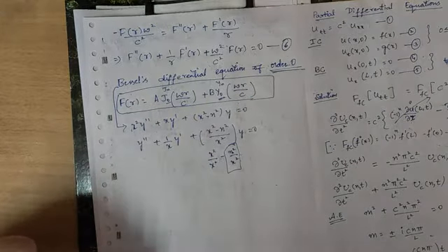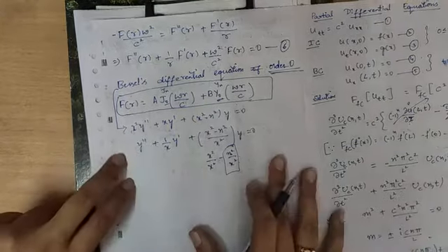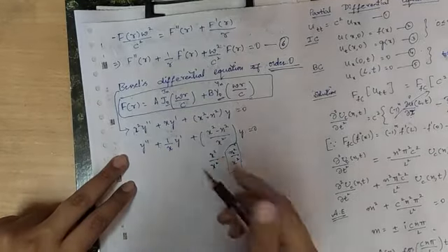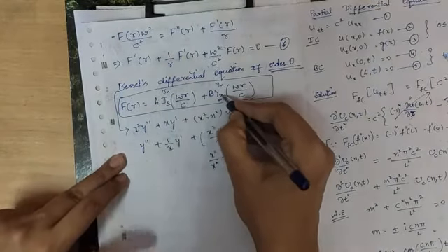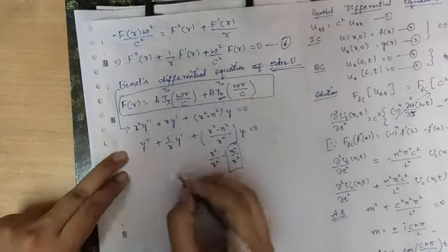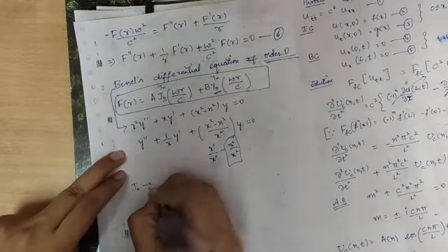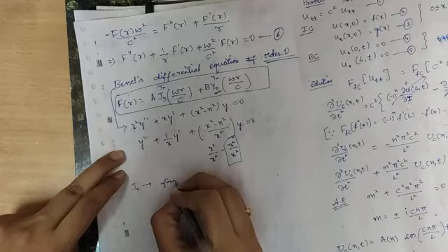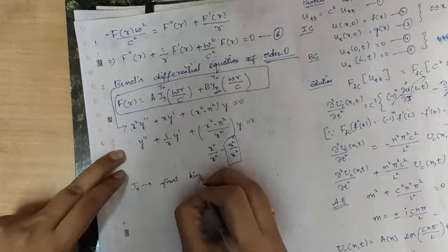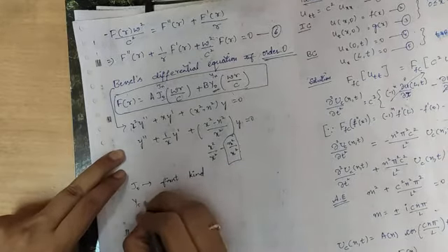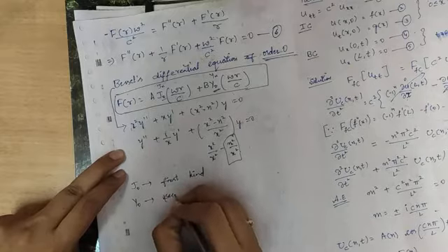Now, in this equation, J naught and Y naught are Bessel's functions. J naught is Bessel function of first kind and Y naught is Bessel function of second kind.